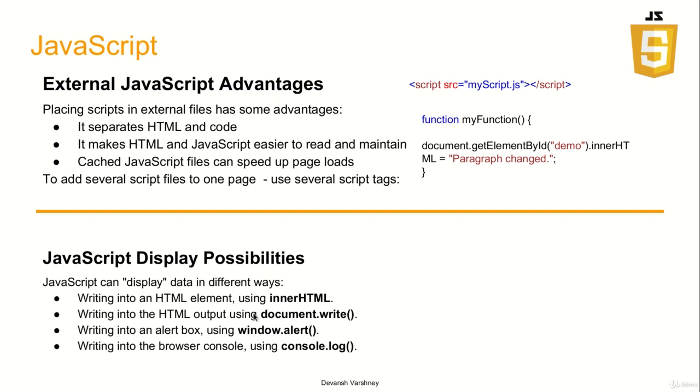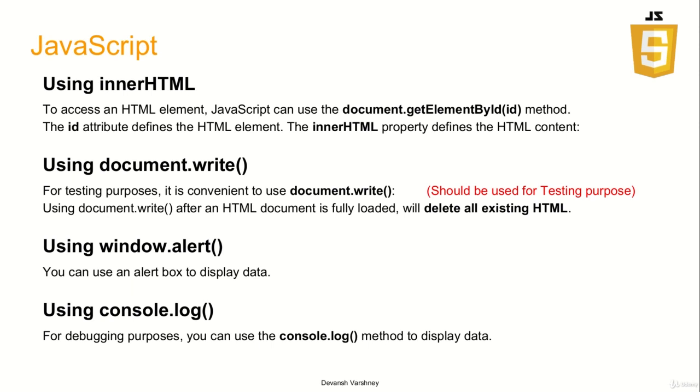You have seen many times that there is an alert if you have not filled in correct information, or if you are filling something and it asks, are you sure you want to go ahead, do you want to save this information. That is an alert box that just appears on the web page. And we can also put output to the console of the web browser. Don't worry about it, we're going to see all of this now.